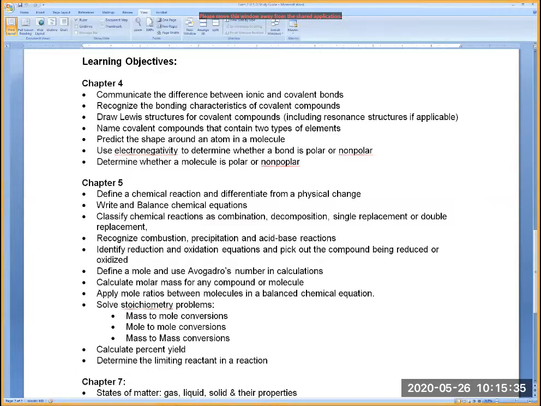For this, you need to be structured. First, you count the total number of valence electrons that are available to distribute in your Lewis structure. And remember, the number of valence electrons for each atom is the group number for those A group elements, and that's the case for all nonmetals. And so you have your total number of valence electrons.